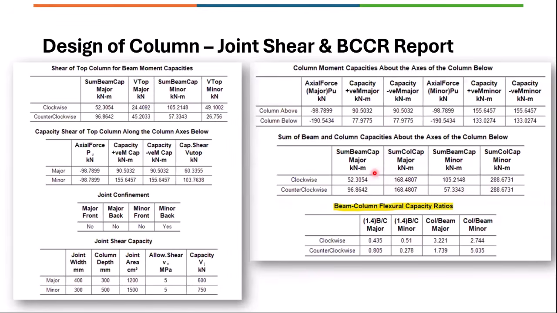So you can see the sum of beam capacity moments, both sway to left and right, so clockwise and counterclockwise directions, and the maximum one will be used in the demand. 1.4 times of this. If column above and below both are present, then divided by 2. If it is at the roof level, then it will be divided by 1.